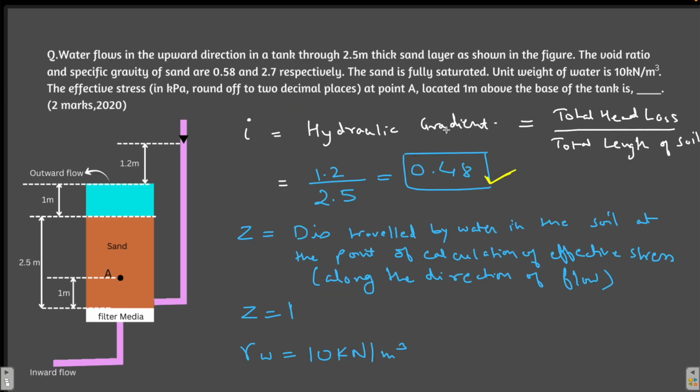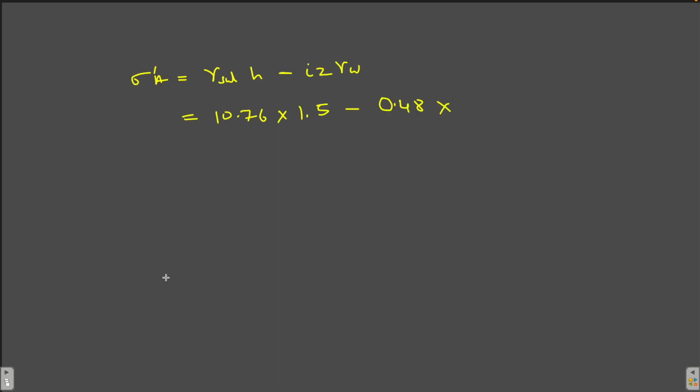Z, I have told you, is the distance traveled by the water in the soil at the point of the calculation of the effective stress along the direction of flow. So Z is 1 meter. And gamma W again is given to you as 10, right? So let's calculate this. That will give you 11.34 kilonewton per meter cube.